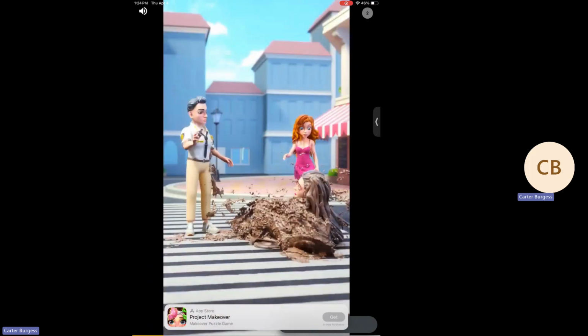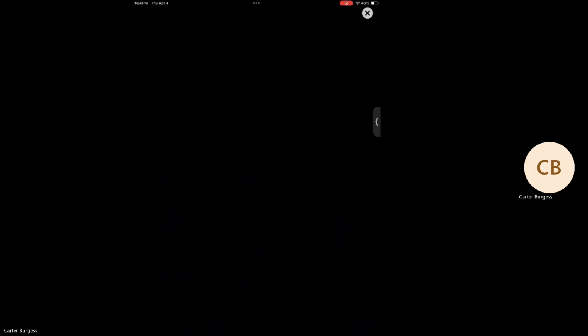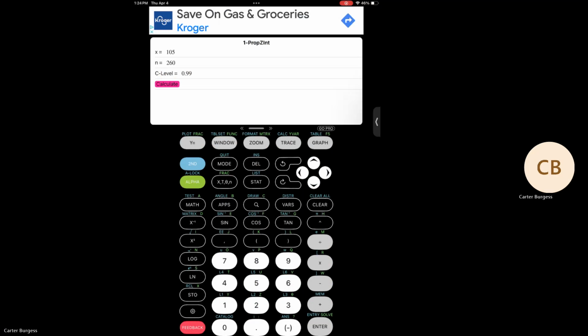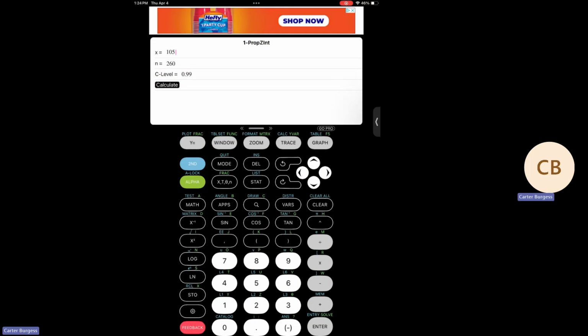There's a lot to unpackage there. In this case, we are just plugging in what we want for our x, how many successes we see out of how many, and it runs all those calculations for you. Is it like stat calc, right?